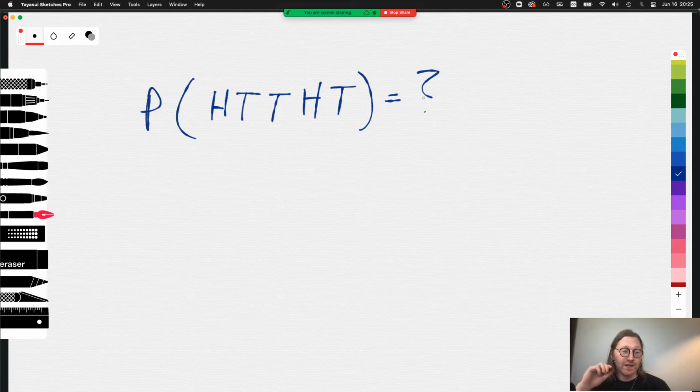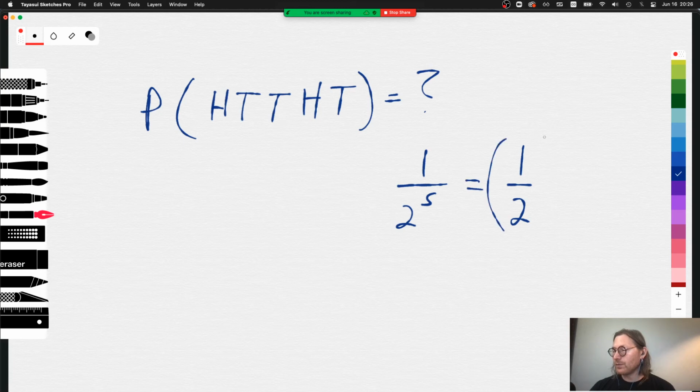We can start seeing this is really the same problem. Again, exactly. However you want to express it, it's either 1 over 2 to the 5th, or 1/2 to the 5th. Either of those ways of representing this is true. We can take the result of the first flip, multiply it by the second one, by the third, by the fourth, by the fifth.